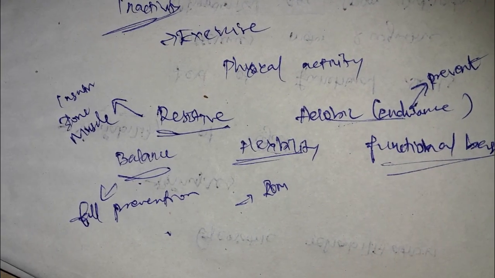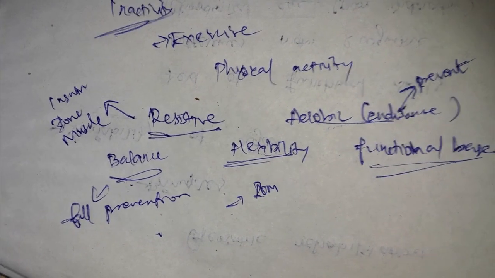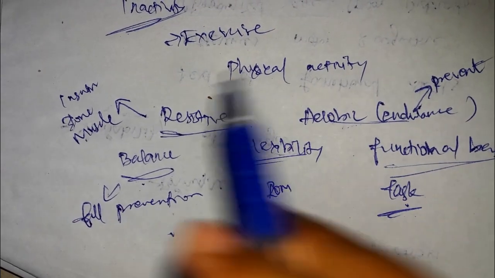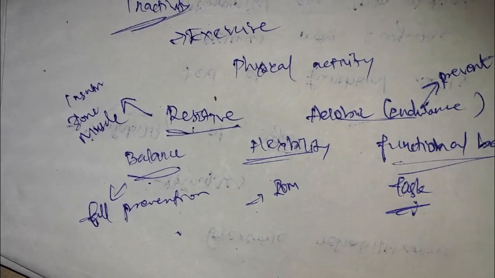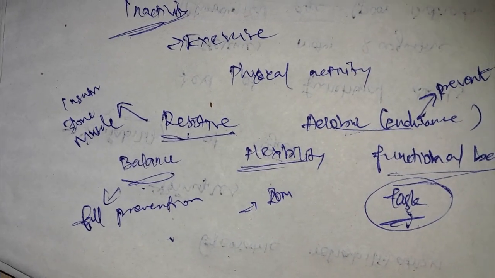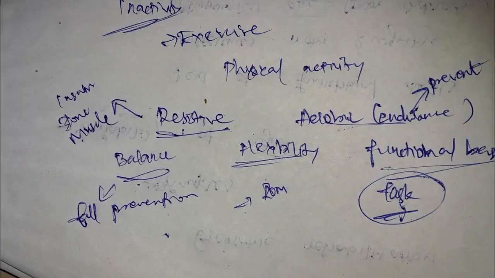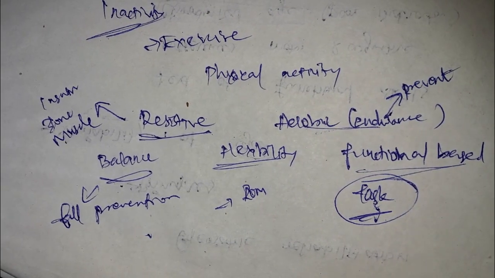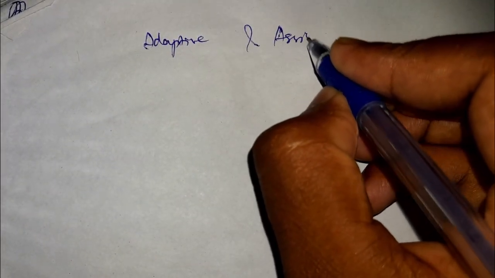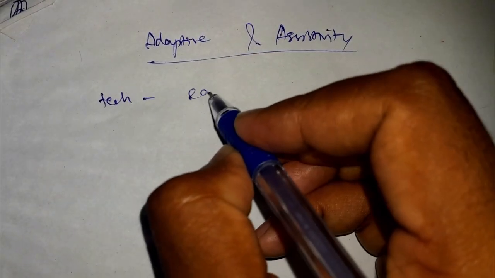Then functionally based exercise. It is given as task based activities: task based resistive, task based aerobic, task based balance, like that. Task based activities are given so that they are functional. They do them in their daily life, that is functional, so that activities are improved. Then we come to adaptive and assistive technology. For people without disability, technology makes things easier.